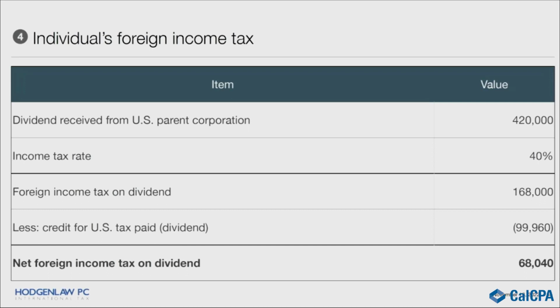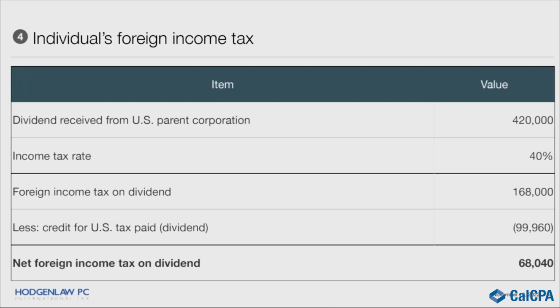Therefore, the entire amount of tax paid will be a creditable value against the foreign income tax liability on the foreign income tax return for the individual. And that means that the net foreign income tax liability at the end of the day is going to be $68,040.